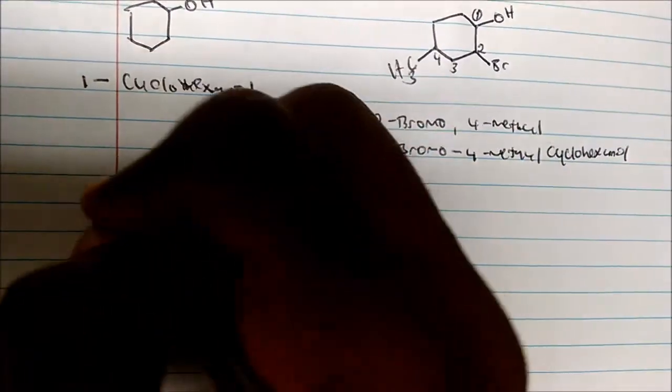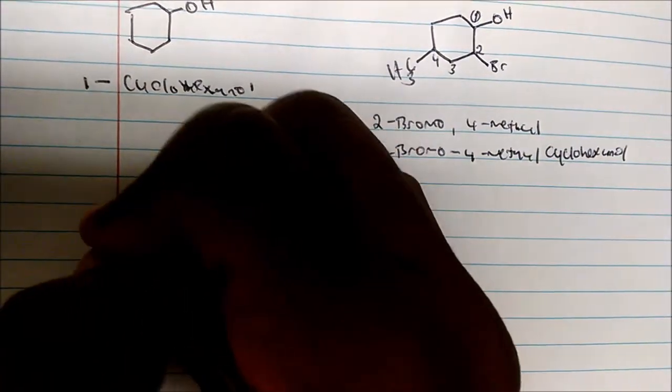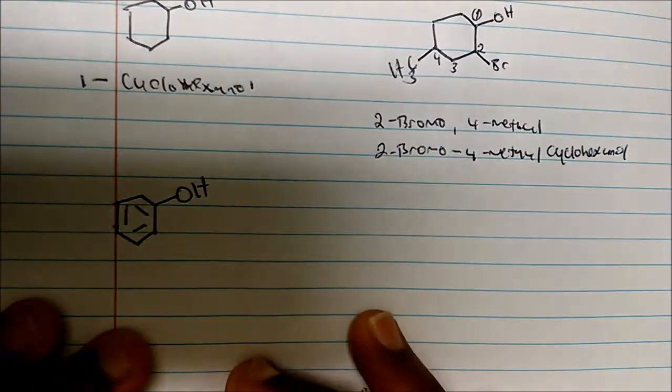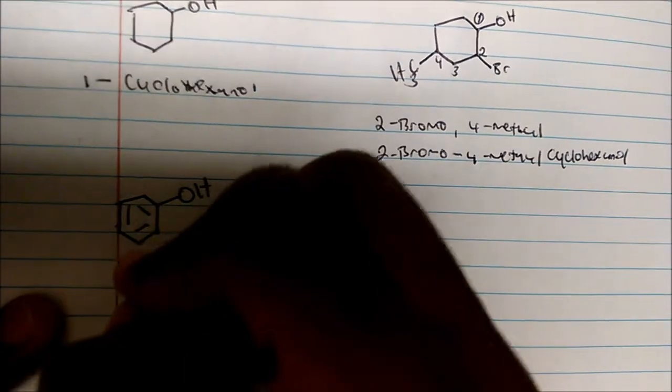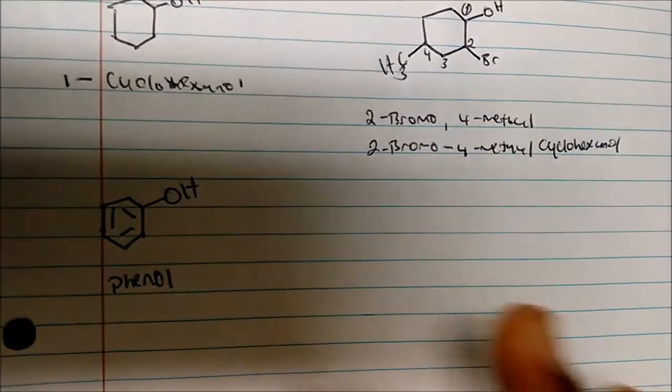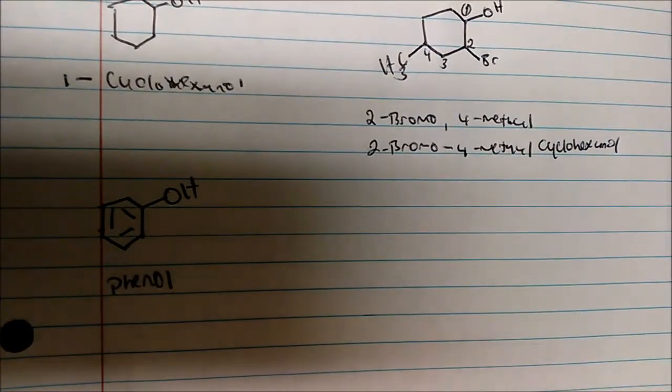Now, with alcohols, you'll also see compounds like these. A cyclic molecule, an aromatic ring bonded to a hydroxyl group, and this is called a phenol. In organic chemistry, we call this a phenol. Anytime you have an aromatic ring bonded to an OH, we call it a phenol, right?